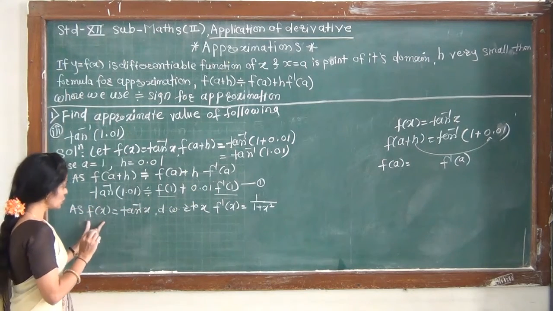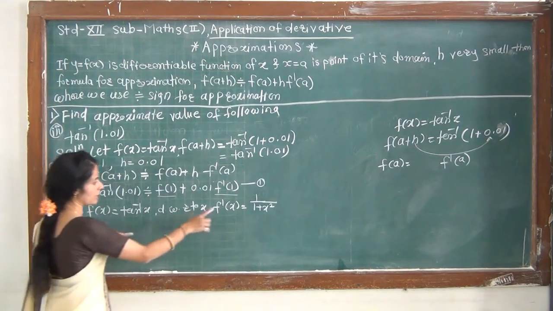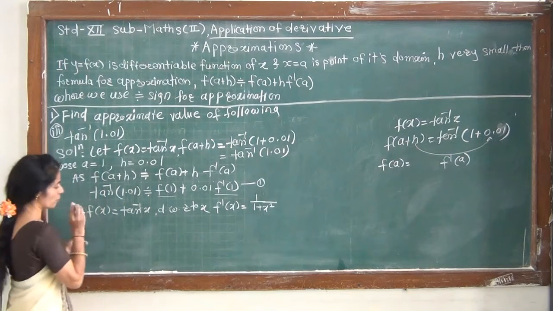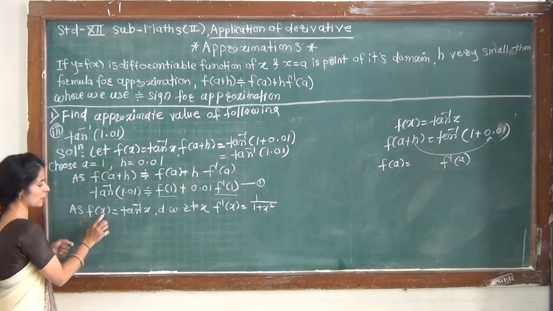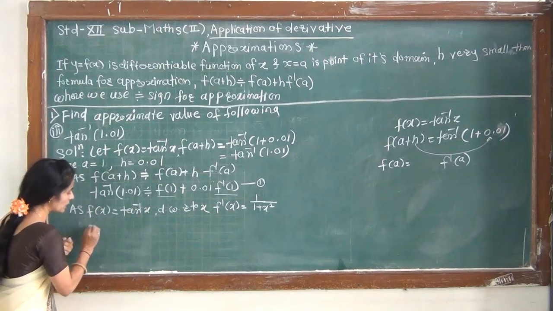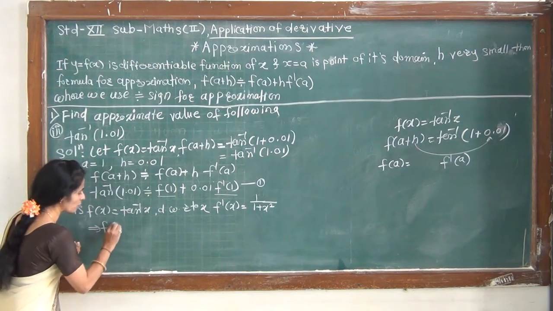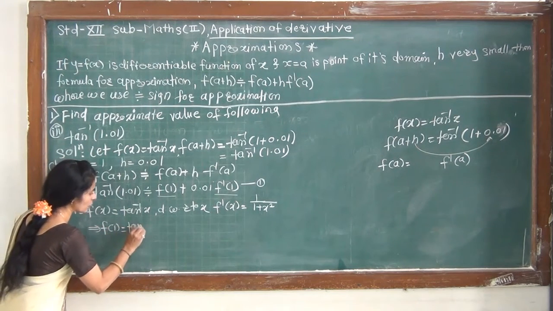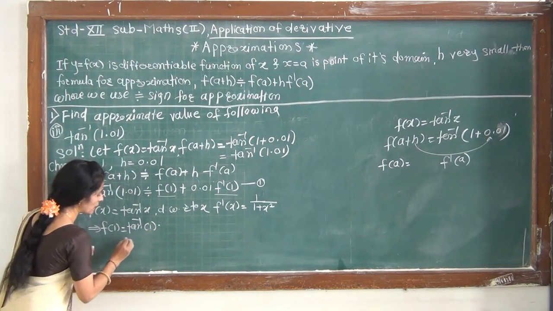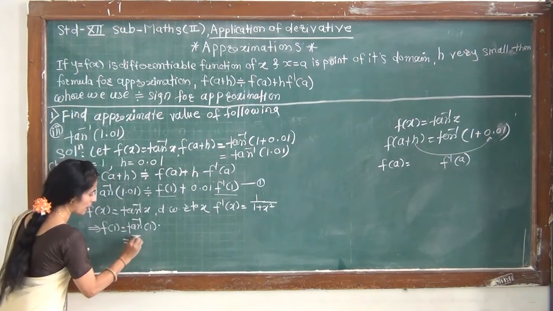Now from these two identities, f of x and f dash of x, we have to find f of 1. So just replace the value of x with 1 here. So we get f of 1 is equal to tan inverse of 1. But tan inverse of 1 is nothing but pi by 4.